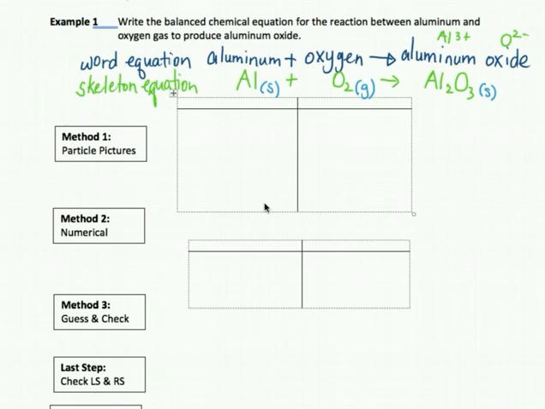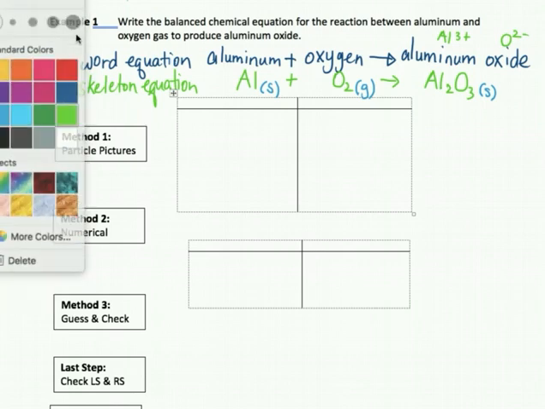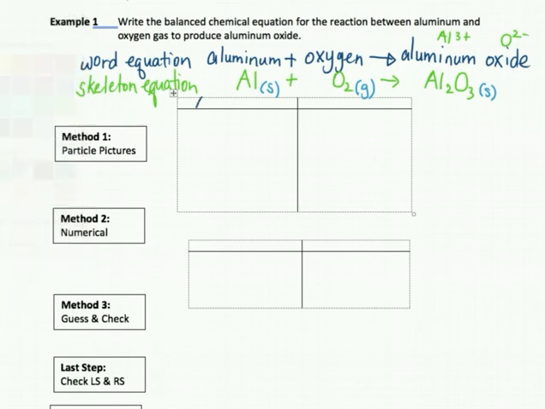The next step is to try to balance the equation by drawing particle pictures. I'm just going to add the reactants on this side, this line represents the arrow, and the products on this side. This is the more visual way.